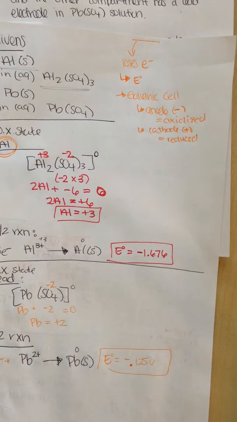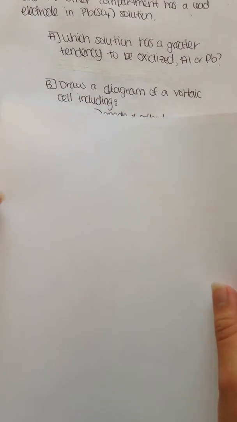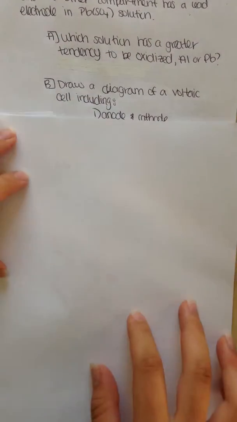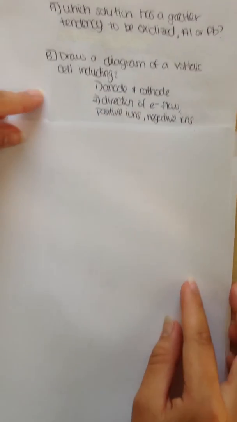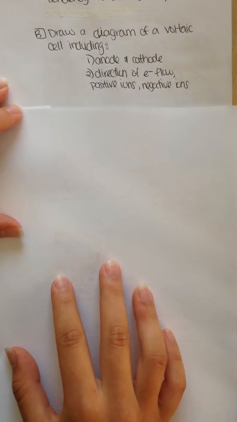Okay, for part B, we need to draw a voltaic cell. Since we know a voltaic cell is a galvanic cell, we know that the oxidized element is the anode.